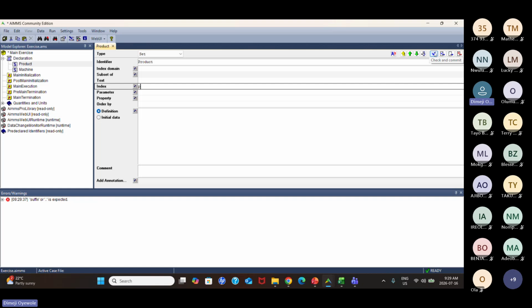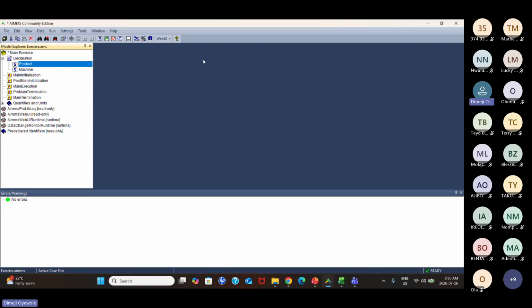And commit means that you are telling it this is what you have put inside the set, and you want to close it the normal way you close your work. So even if you are wrong and you press check, commit, and close, it's going to tell you that something is wrong. But if what you've done is right, and it aligns with the principle of AIMMS, it's going to pass it.